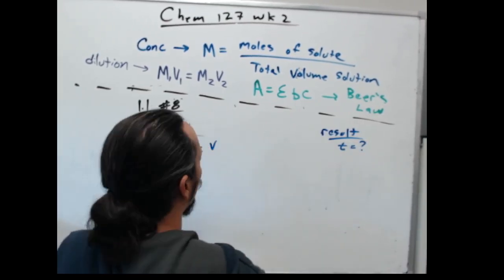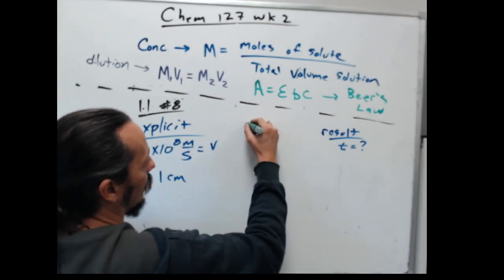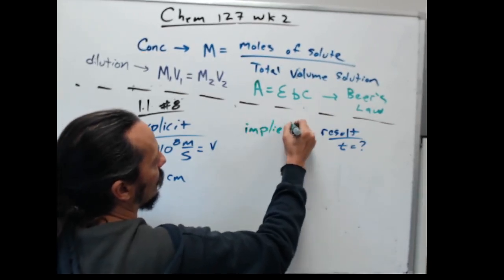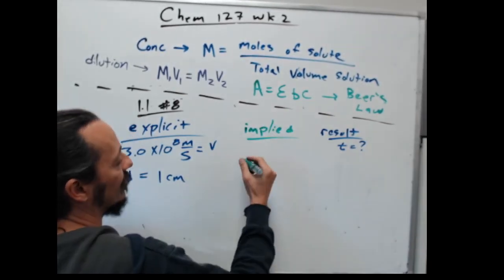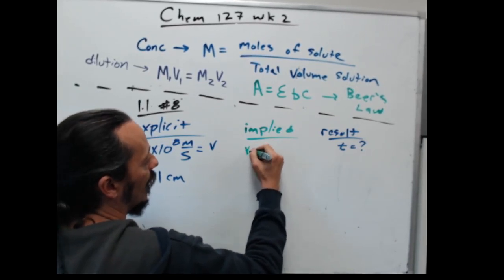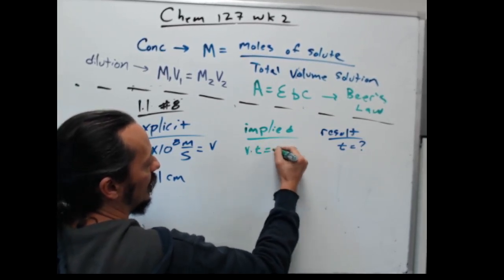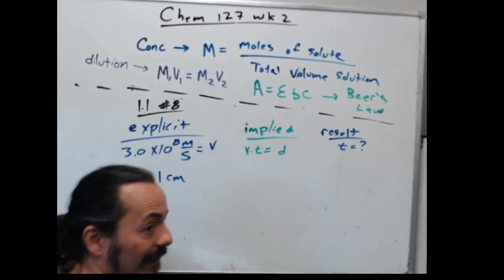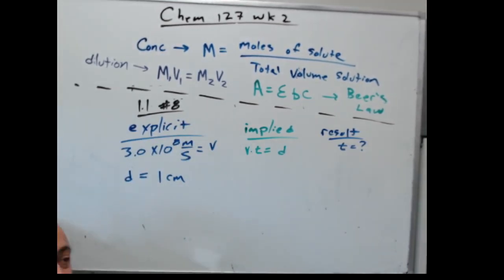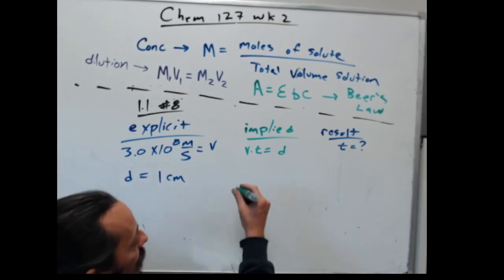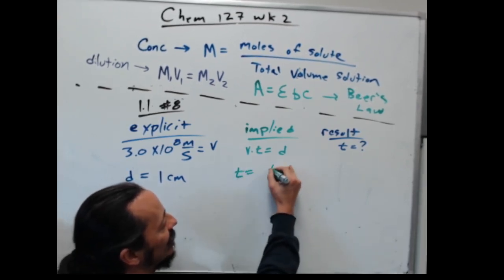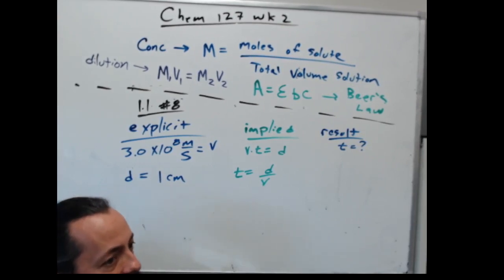So the thing that's implied here is velocity times time equals distance. That was the thing that was needed. And then we just do a rearrangement: time is equal to distance over velocity.